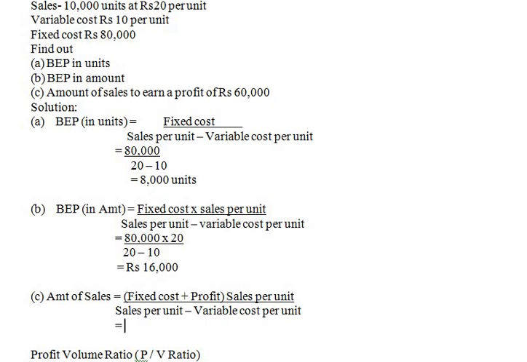So that is equal to fixed cost 80,000 plus profit 60,000, which is given in the third point, into sales per unit 20, divided by sales per unit 20 minus variable cost per unit 10.